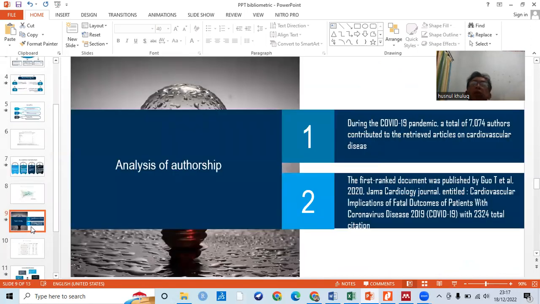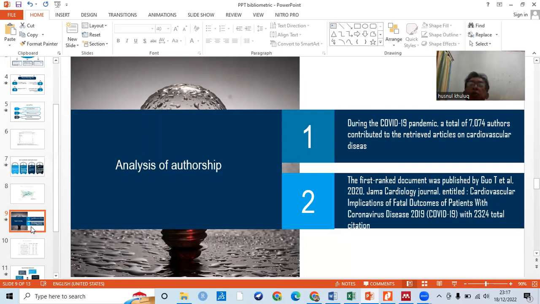Analysis of authorship. During COVID-19 pandemic, a total of 7,000 more authors contributed to the retrieved article and cardiovascular diseases.